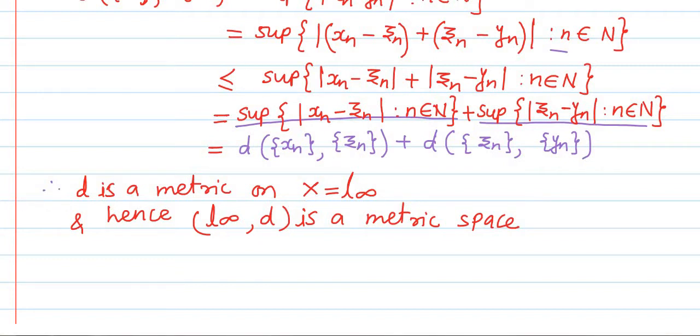So this was the fourth example. Now we will move to the next example, which is the fifth example, Example number 5. Consider the set capital C, closed interval 0 to 1. Here capital C is for the continuous functions.